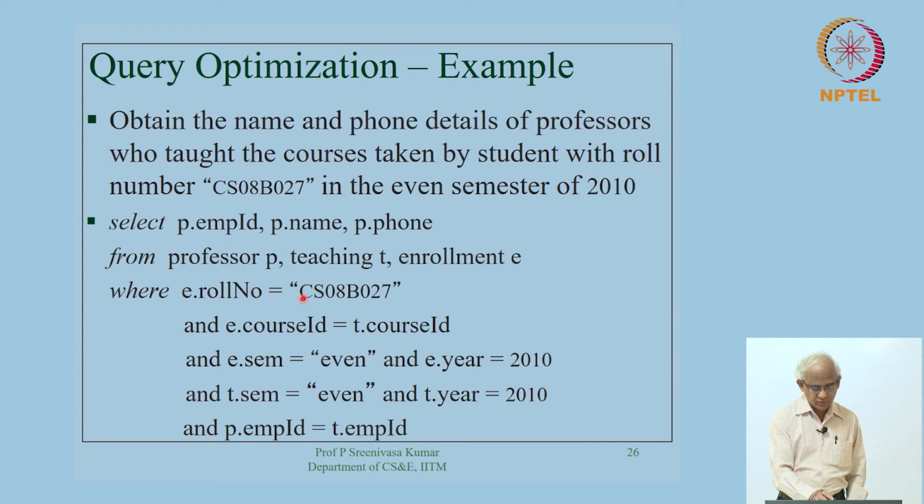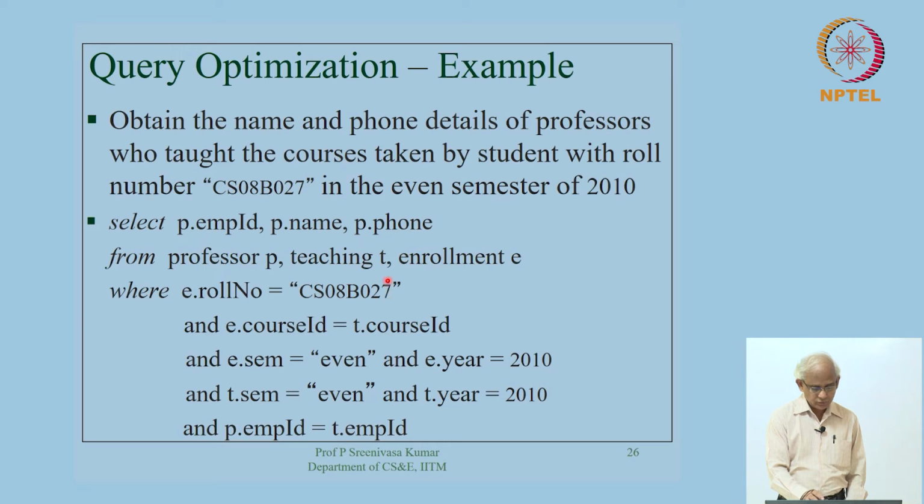The roll number is given, so E dot roll number is CS08B027, and the E dot course ID should be the one that is being taught by the professor, T dot course ID, and the semester is even, year is 2010 in both enrollment as well as teaching relations. And then the person who is teaching is who we are interested in. So we will project employee ID, name, and phone of that particular professor.